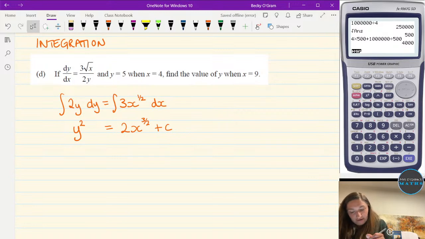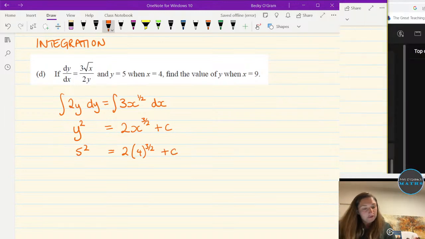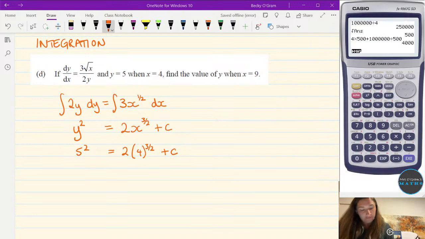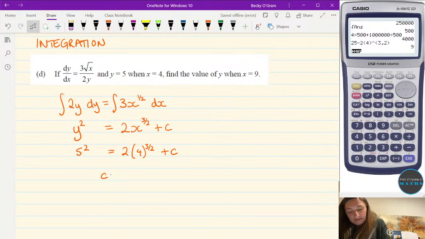So we have when y is 5, x is 4, so we can pop those in like this, and we will get, if we do 25 minus 2 times 4 to the power of 3 over 2, and I'm being very careful with my brackets here to make sure that all goes in correctly, that will give us the value of c. So c equals 9.